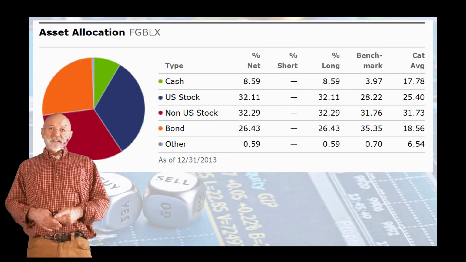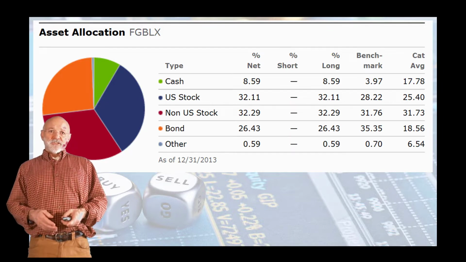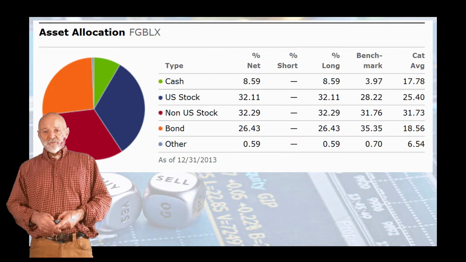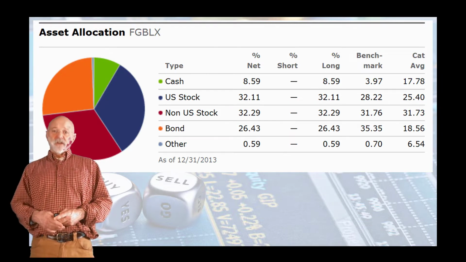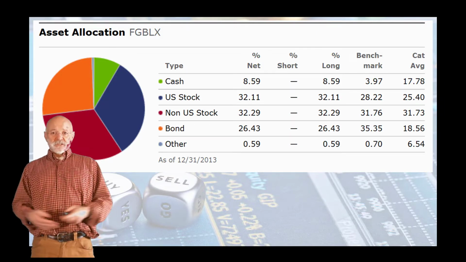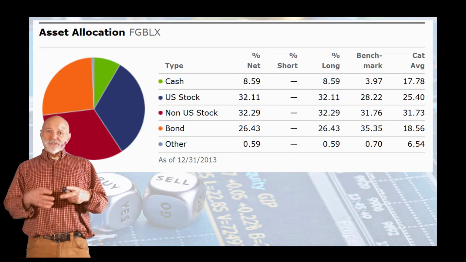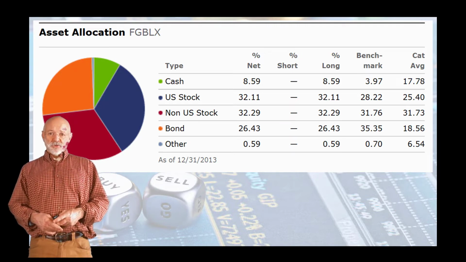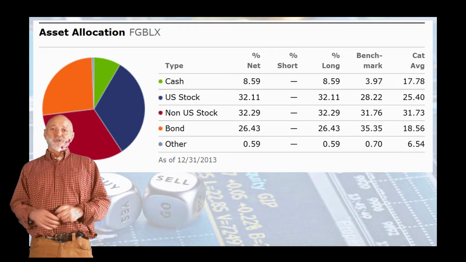This fund has less in cash. It has more in US stock, a little bit less in bonds, and other funds have more investments in the other category, probably alternative investments. What does this mean? Well, it means this fund manager has decided to go particularly heavy into US stock, and not so much into cash, and not so much into others.